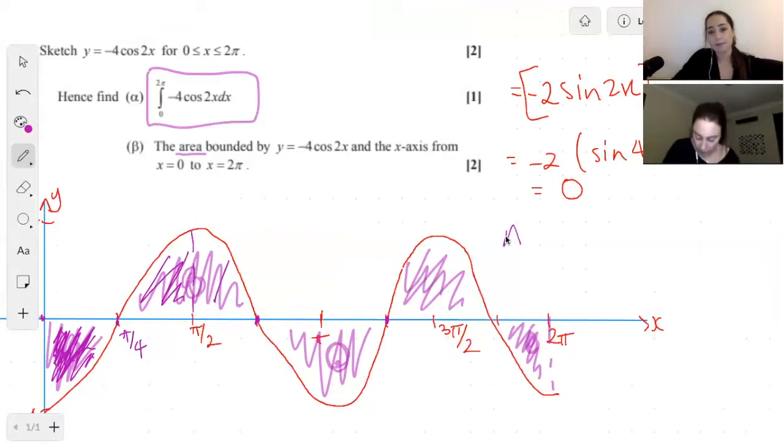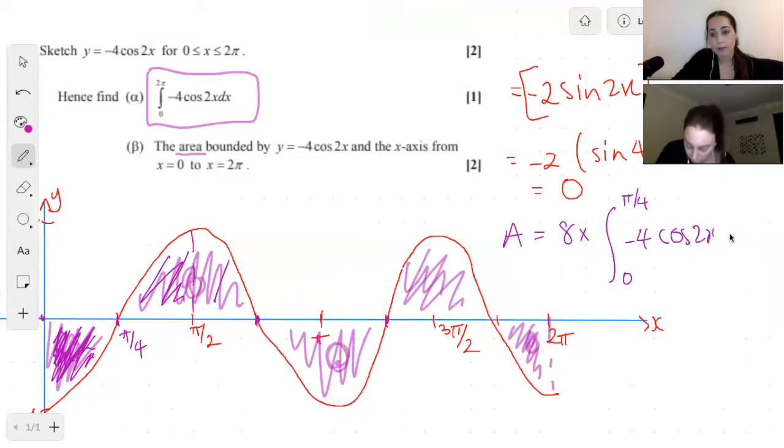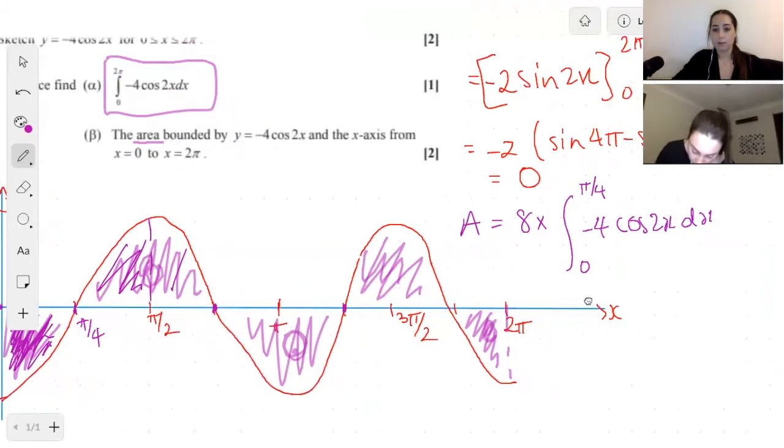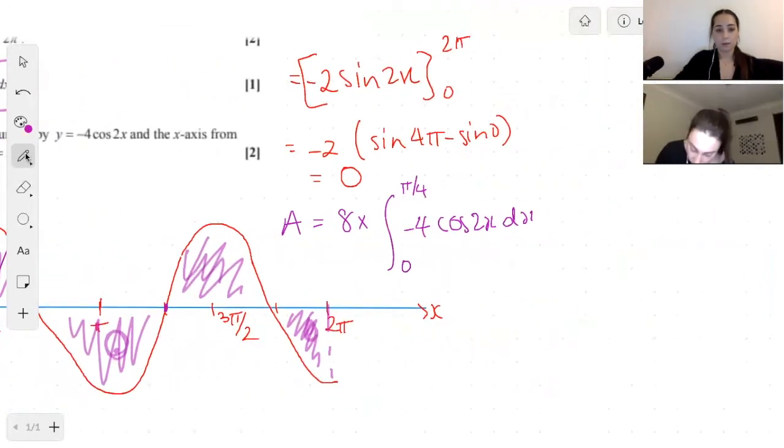Right. Okay. So we have 8 times the integral from 0 to pi on 4 of minus 4 cos 2x. Good. So that equals minus 2 sine 2x, from 0 to pi on 4.